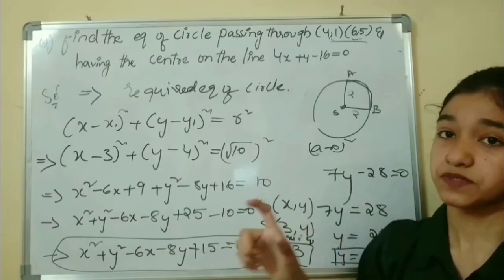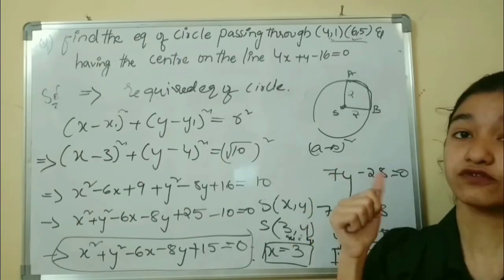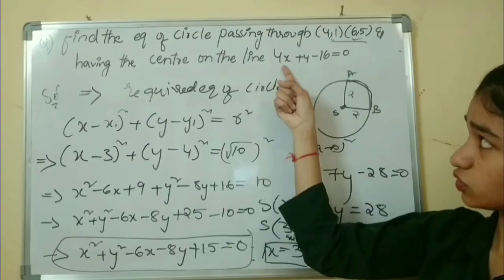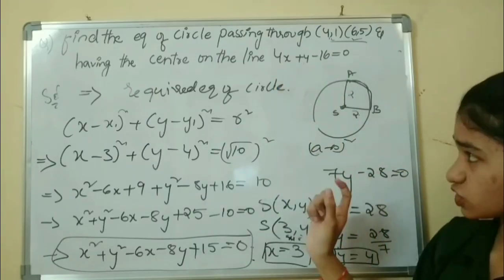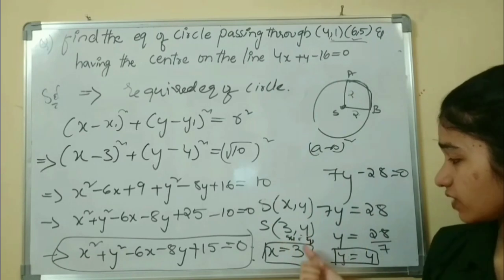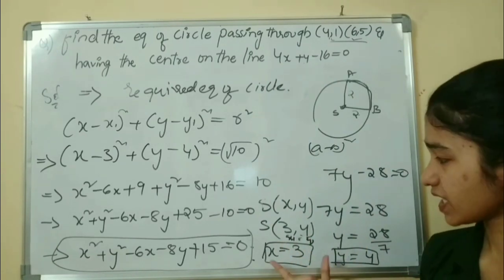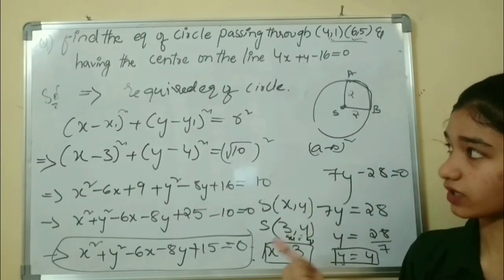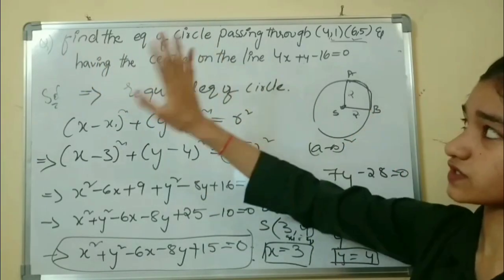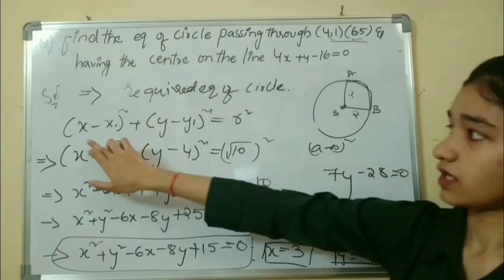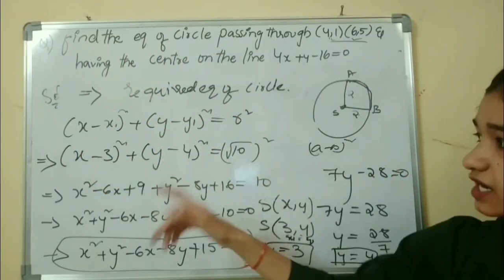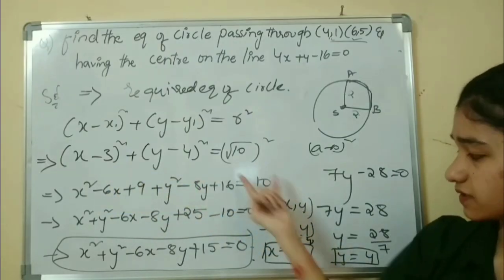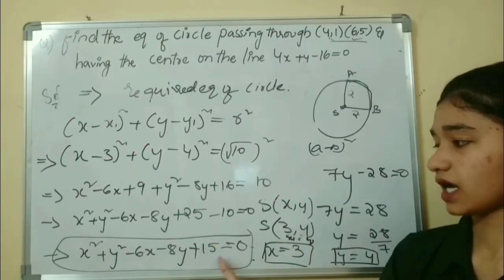After that we substituted to get the value of y, and then substituted in equation 2, because equation 2 was simpler than equation 1, and we got the values of x and y. After that we found the radius. Simply, we were told to find the equation of the circle, so I wrote the equation of the circle, substituted x1, y1, which are the center values, and the radius, and we got it.